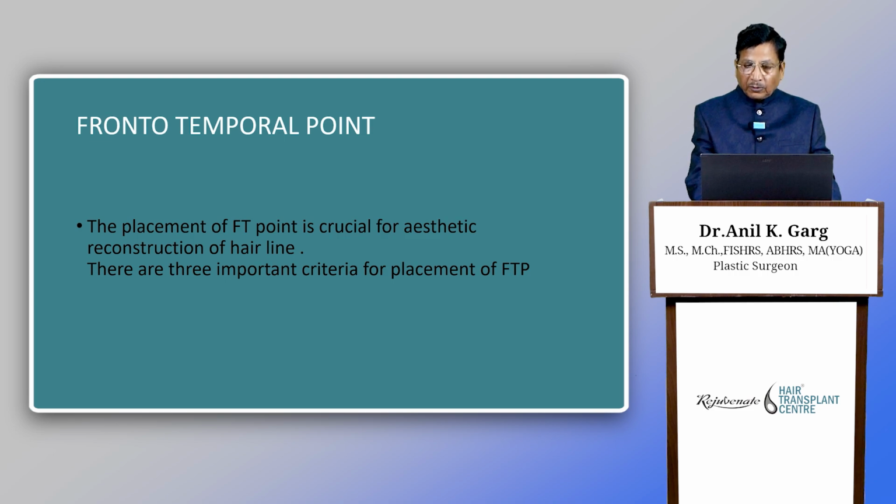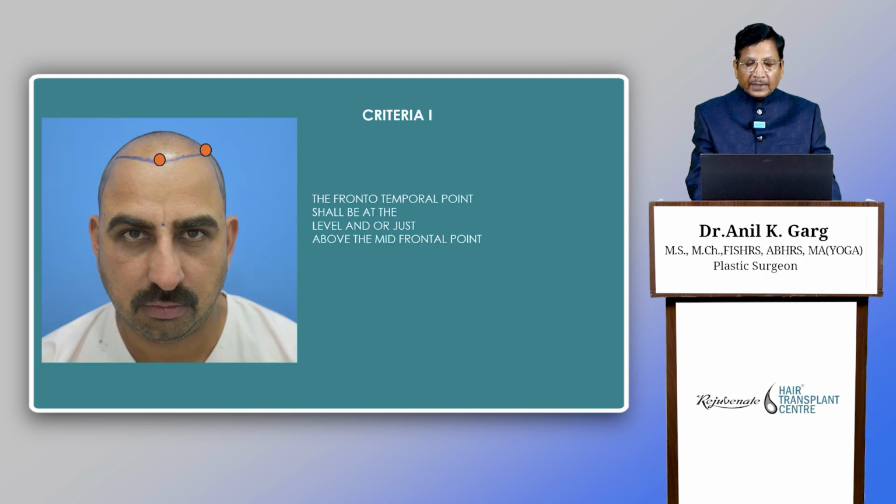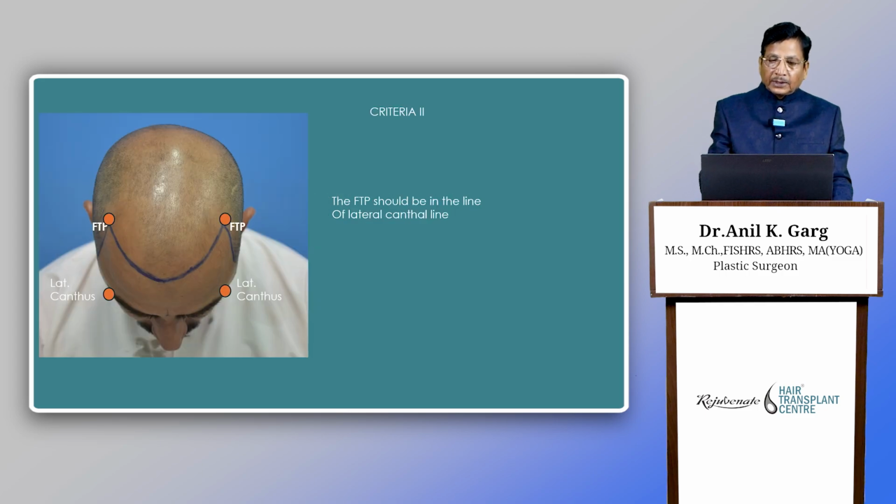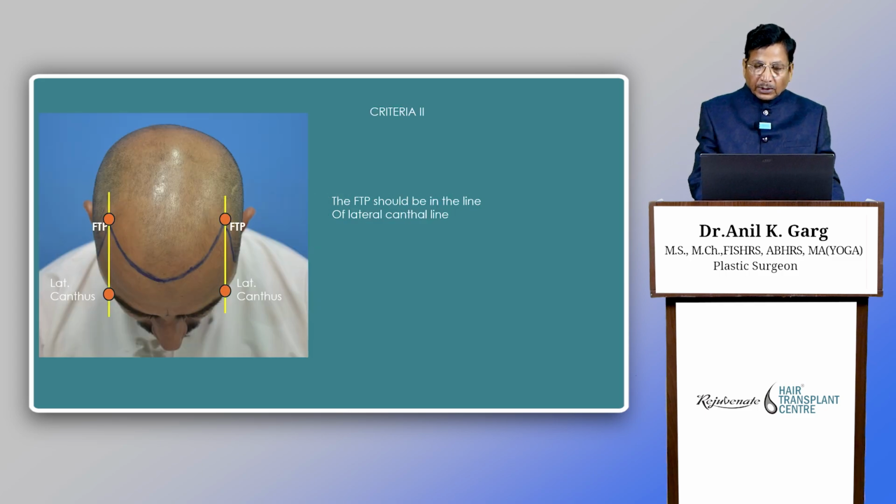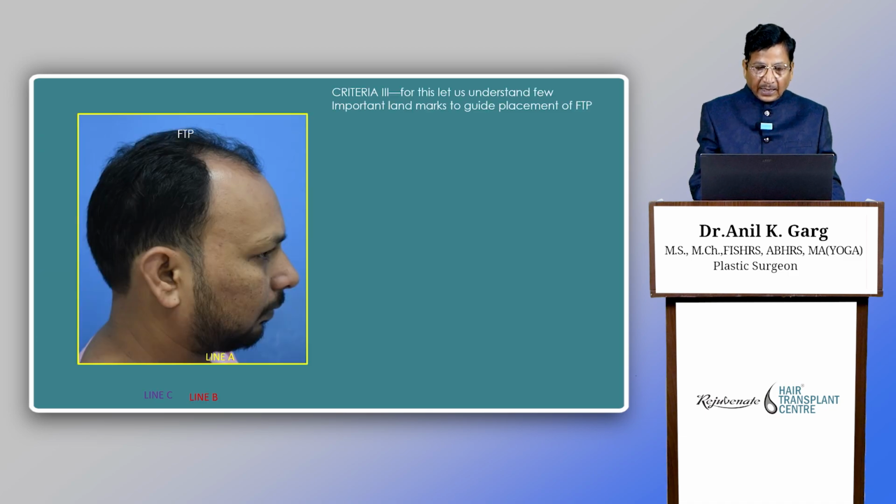One, the frontotemporal point shall be at the level of or just above the mid-frontal point. Criteria 2, the frontotemporal point should be in the line of the lateral canthus. For this, let's understand a few important landmarks to guide the placement of the frontotemporal point.